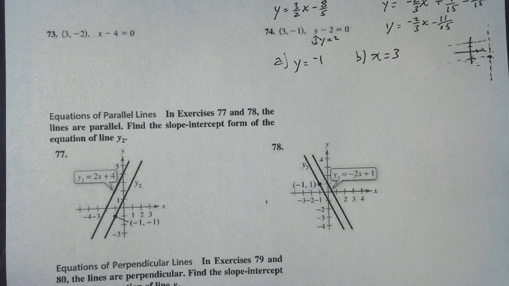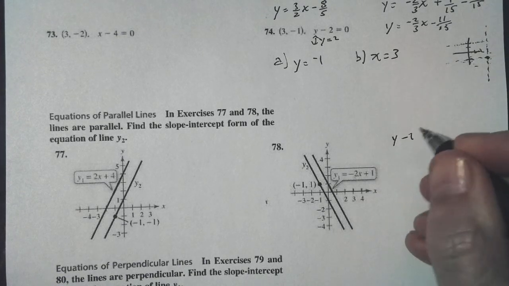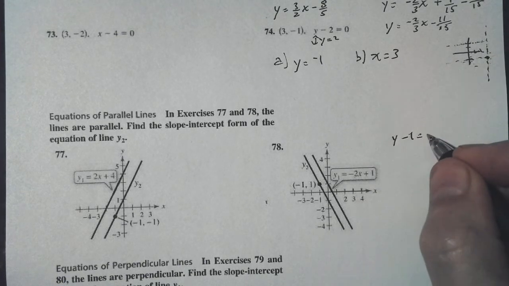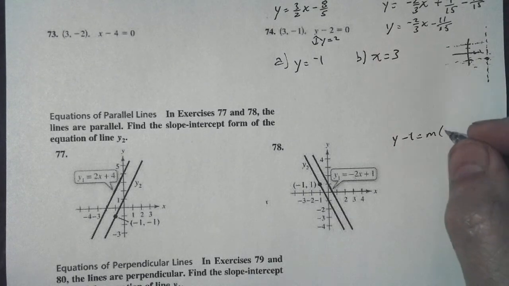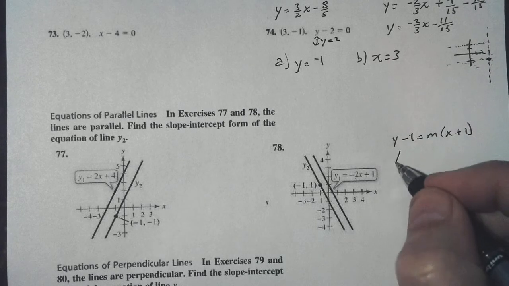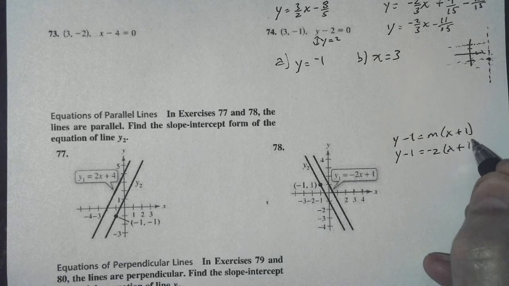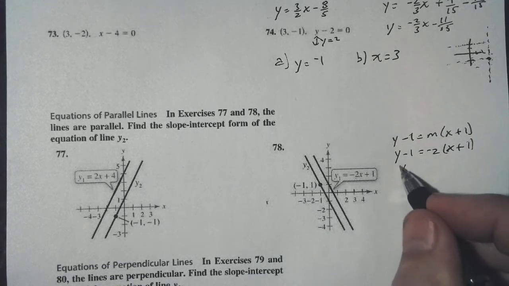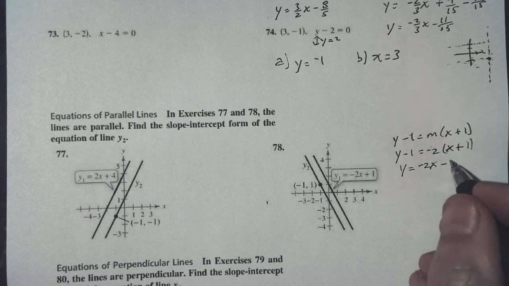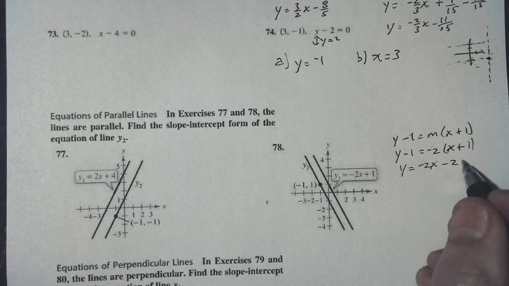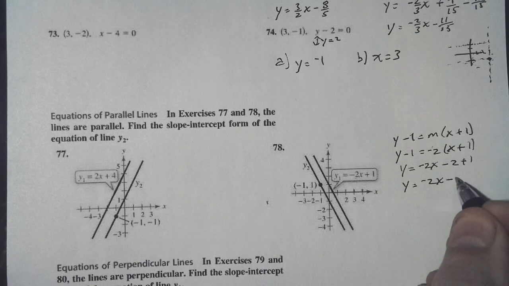We could do this algebraically: y minus 1 equals m times x minus -1, x plus 1. That's y minus 1 must equal -2 times x plus 1. Or y equals, distribute, -2x minus 2, add 1, and we get y equals -2x minus 1.